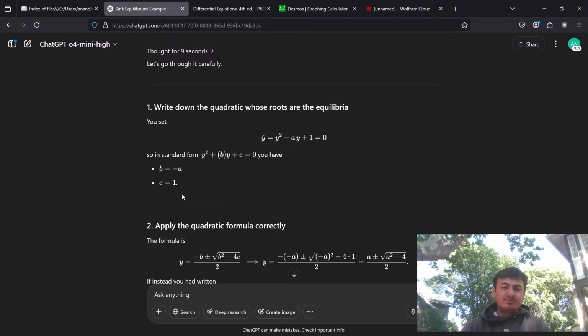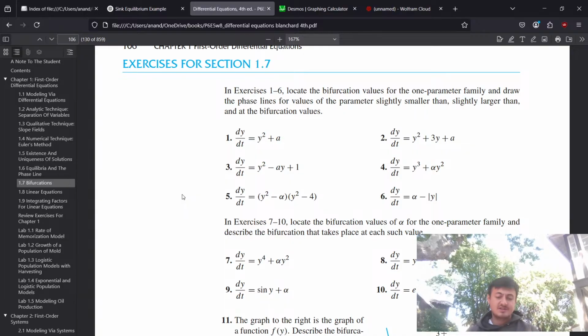Okay, so really what you have to do is make it a plus. All right, so we're going to start over. So A is equal to 1, B is equal to minus A. That's so confusing, but that's fine. And C is equal to 1. Okay, so we're going to get minus B.